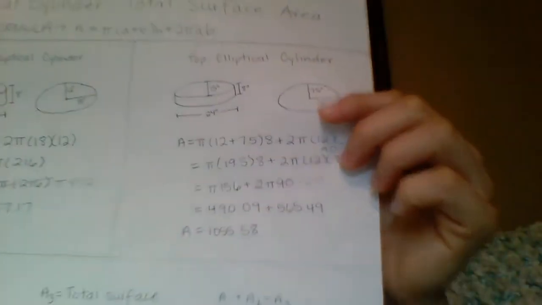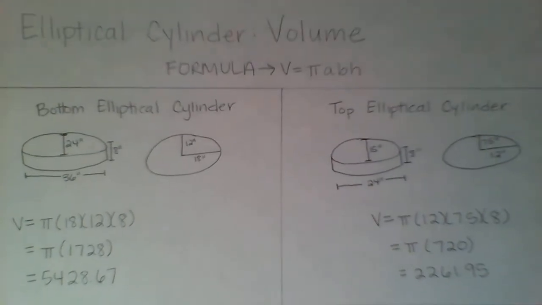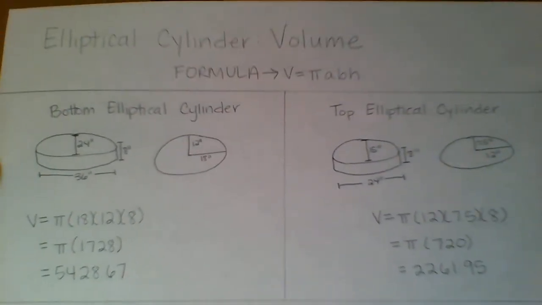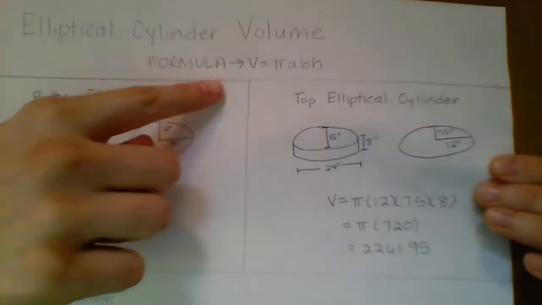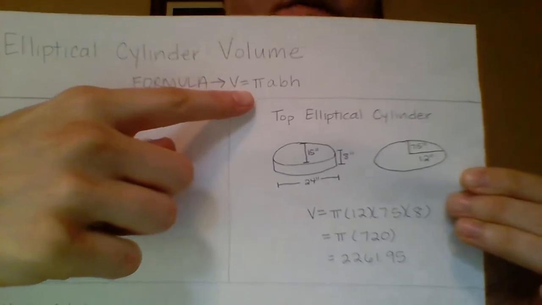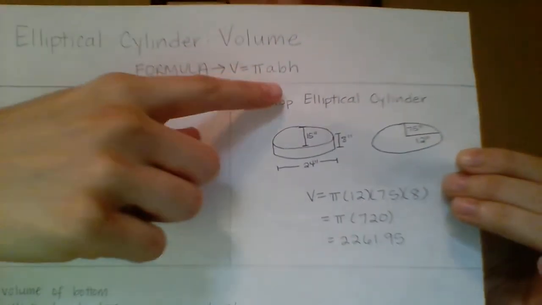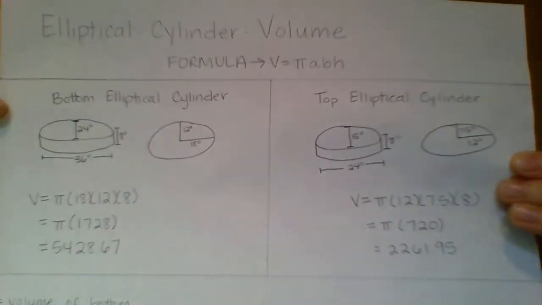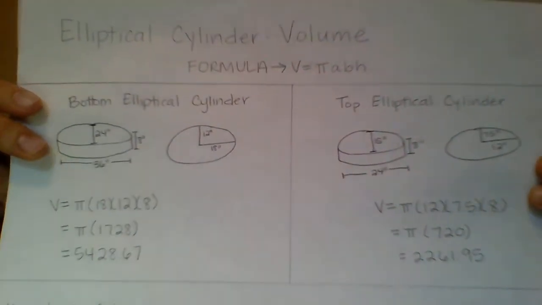Now I want to find out my volume for my table. So just as with the area, I had to find the area of both cylinders and then add them together, I had to find the volume of both cylinders and add them together. The formula for finding the volume of an elliptical cylinder is V, volume, equals pi times A times B times H. Now A, B, and H, we already know what those variables are referring to since we figured it out with our area.